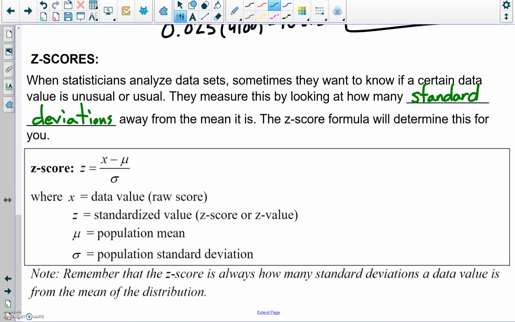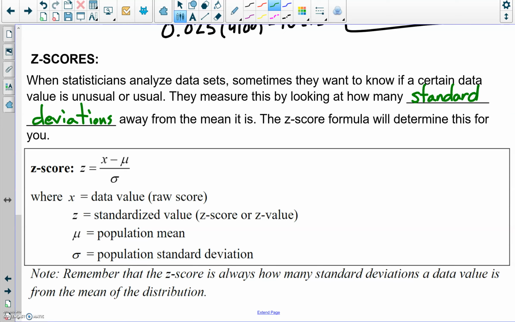When you look at the z-score formula, what you're going to see is z, for z-score, equals x minus mu over sigma. So what you're doing here is you're finding the deviation up top, and you're dividing it by sigma. When you divide it by the standard deviation value, it's going to tell you how many standard deviations would go into it. So for example, if you had an x value of 10, a mean of, let's say, 6, the deviation would be 4.